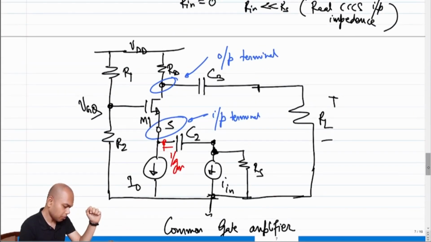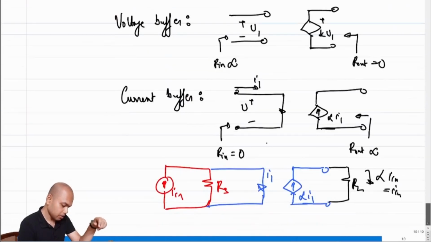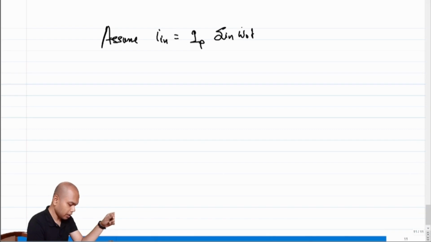Okay, so what I would next request you to do is to find out what is the swing limits of I in, right? So what I would request you to do is assume I in is equal to some IP sine omega naught t.